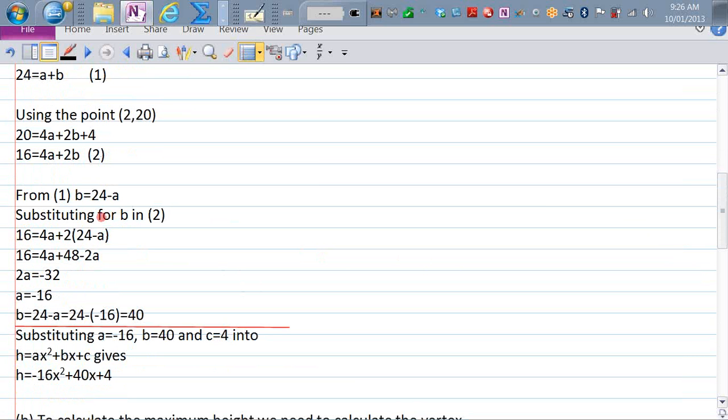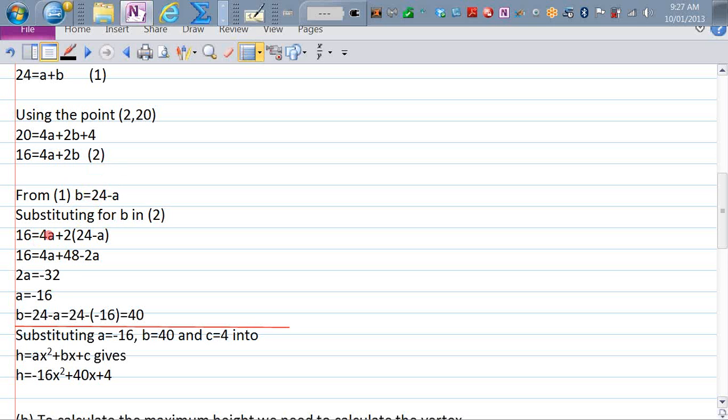And now what I'm going to do is, from equation 1, I'm going to find that b is equal to 24 minus a. I just take this a and bring it over to this side, and I get 24 minus a. So I have b by itself. Now I'm going to substitute for b in equation 2.